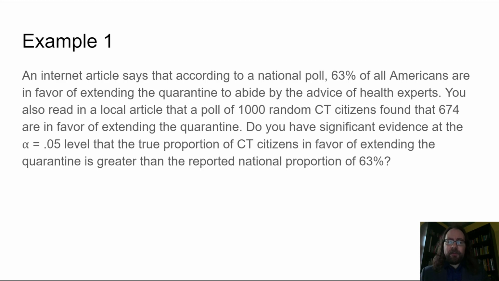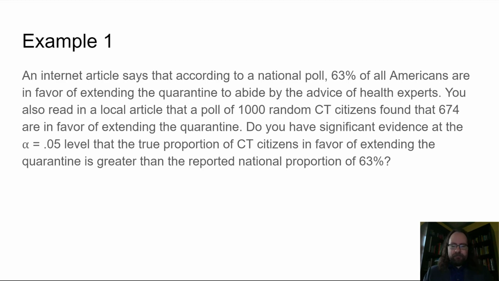Notice that's a higher proportion than the 63%. Do you have significant evidence at the alpha equals 0.05 level, there we gave you alpha, that the true proportion of Connecticut citizens in favor of extending the quarantine is greater than the reported national proportion of 63%?